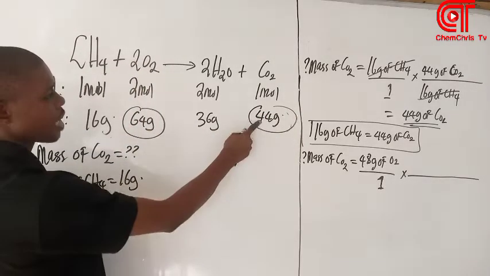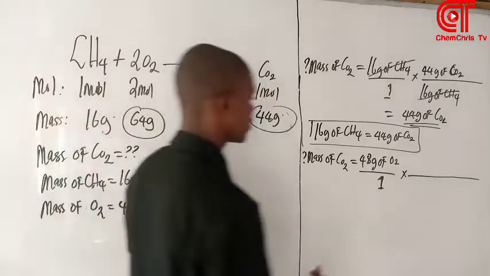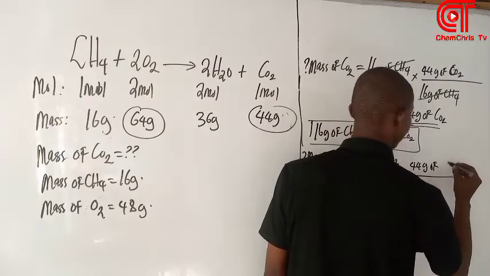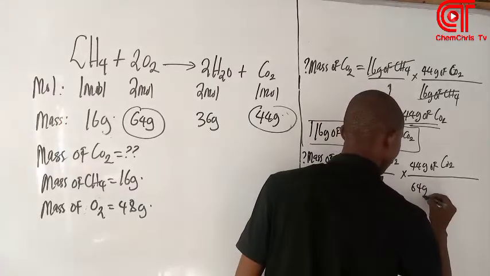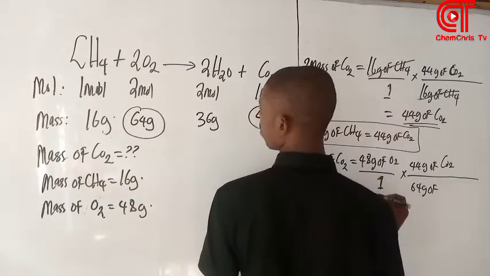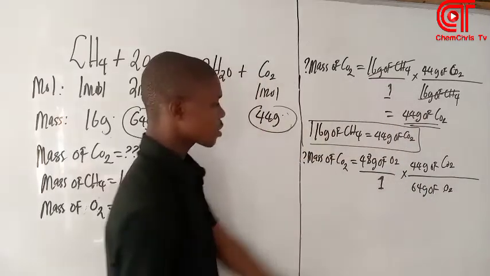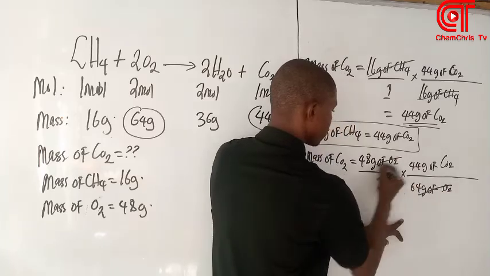You get? So now because we're looking for the mass of CO2 here, so to move to the top, it's going to be 44 grams of CO2 over 64 grams of O2. You get? Now the main reason is that gram of O2 cancel out the gram of O2.